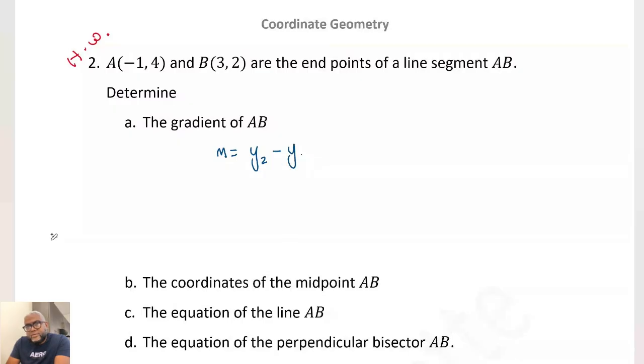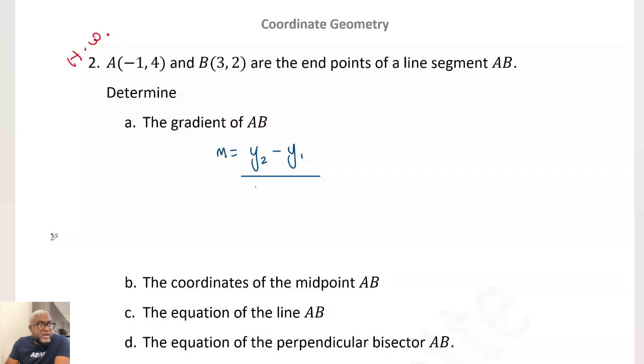Minus -1, sir. Well, y1, sir, over what? 4, sir. Wait, give me the formula. The formula is what I want. What's the formula there, Taylor?